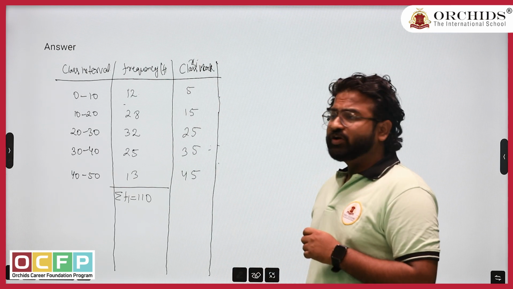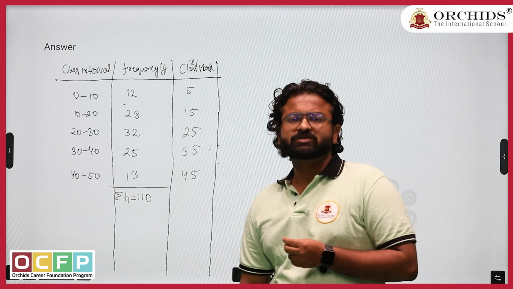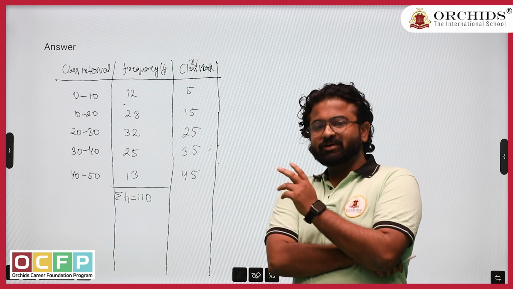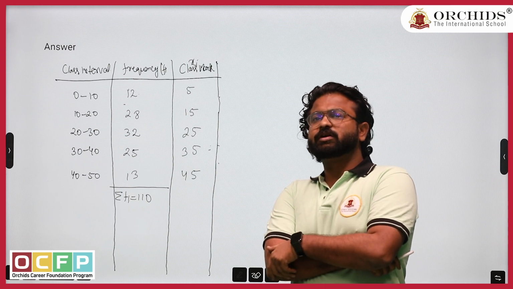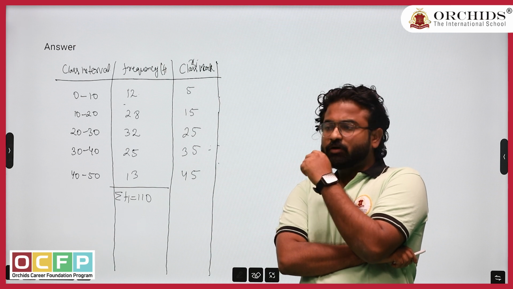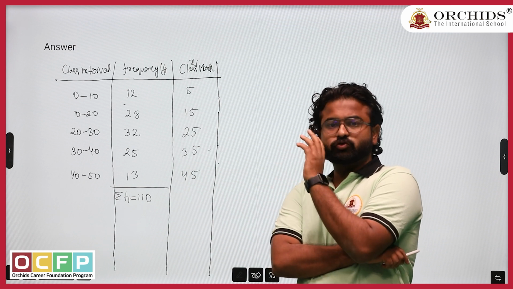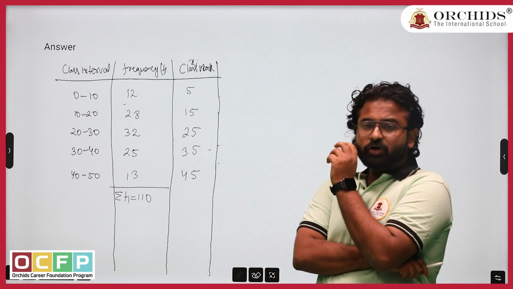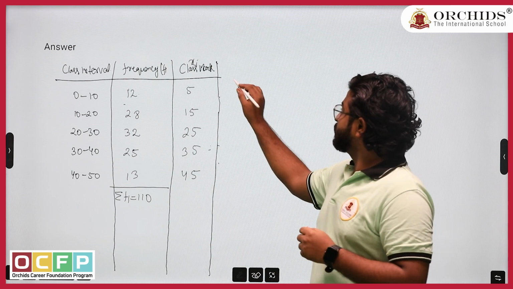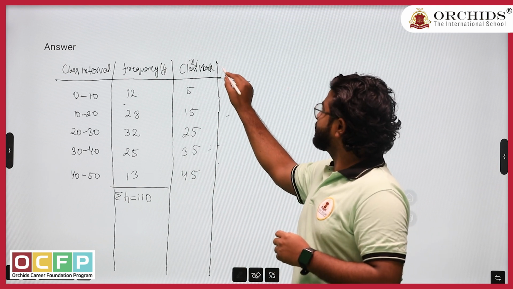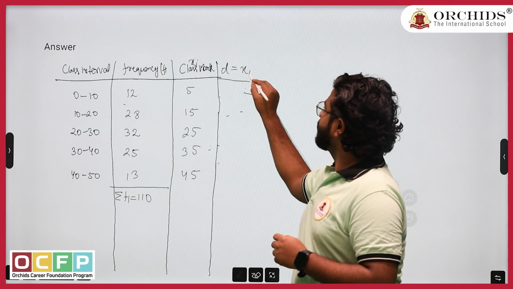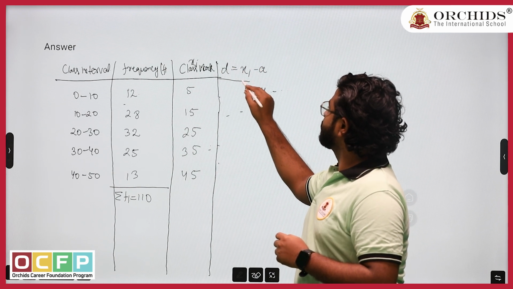In this method we need the di value. What is the di value? Di is xi minus a. But in exam what problem will come? You will think, sir, it was xi minus a or a minus xi. Fine. This doubt used to come in students. So when you read it properly, you will figure out that deviation is nothing but xi minus a.